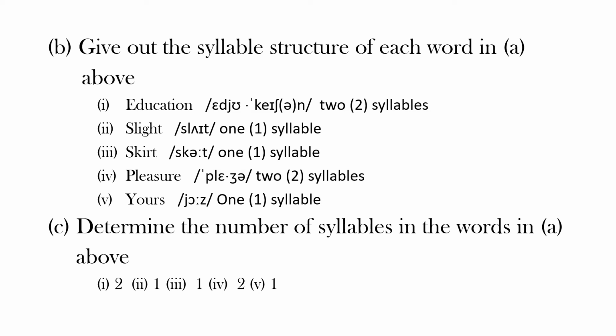Roman 1, education. Education, 2 syllables. Cation is 1 syllable because the second vowel is a short vowel, and therefore you cannot have 2 syllables in cation.